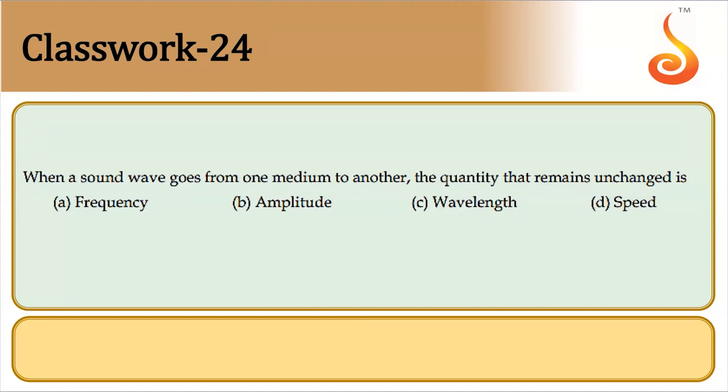Yes, 3, 4, 5. Yes, it is frequency, which remains constant because frequency is a property of the source, not the medium. Frequency is fixed at the source. It doesn't depend on the medium. So when light goes from one medium to another medium, there also the frequency remains constant.